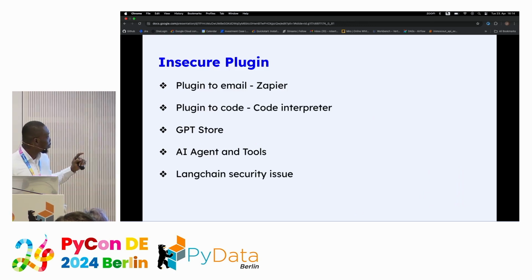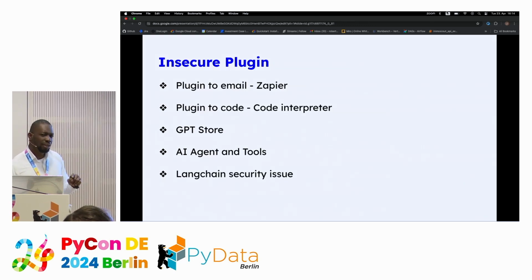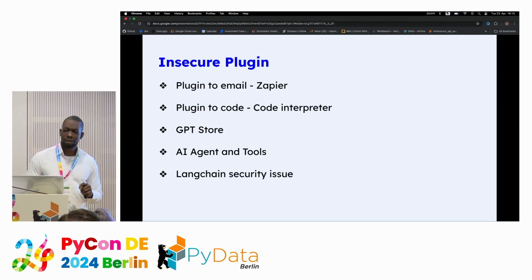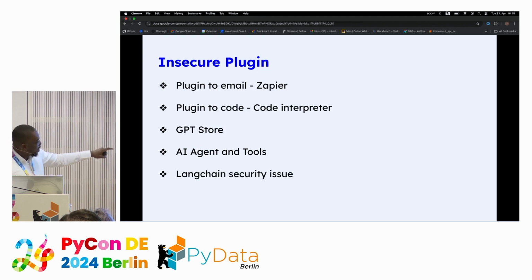Does anyone have any GPT on the GPT store? Many times people use things like code interpreter or a lot of other things on the GPT store. Many of the time, no one checks the security of them. The code interpreter, for example, you can use to run some code.